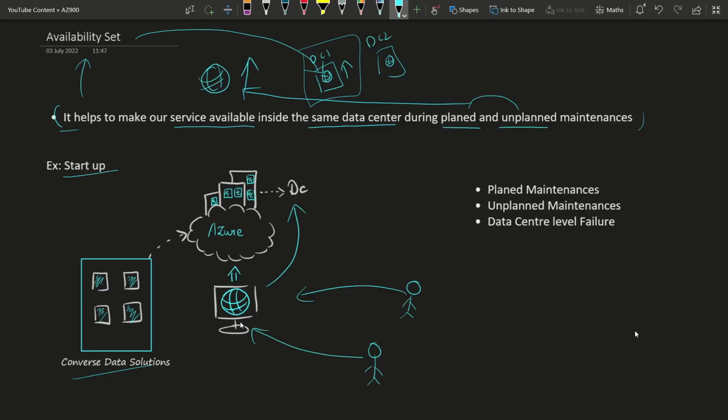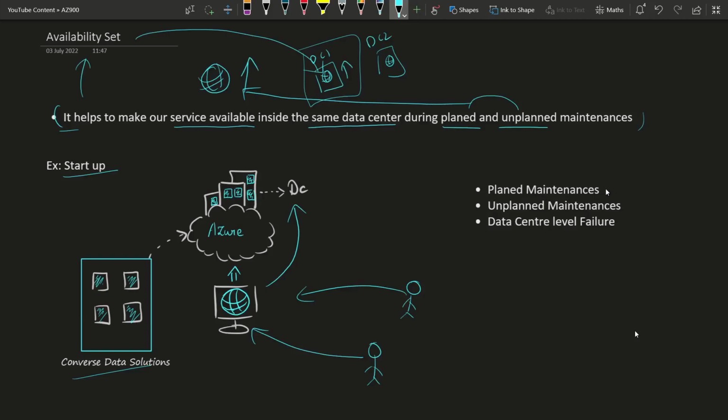In the business world, everyone wants to make their service available 24/7, always available. But there are problems which make our service unavailable at the data center level. There are three problems you can see here.